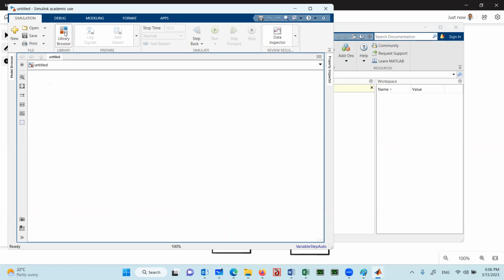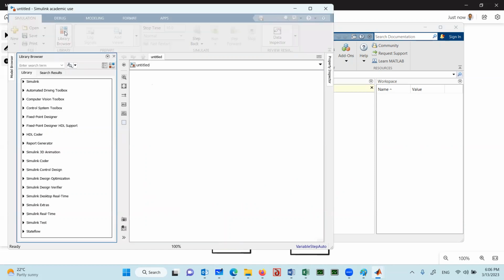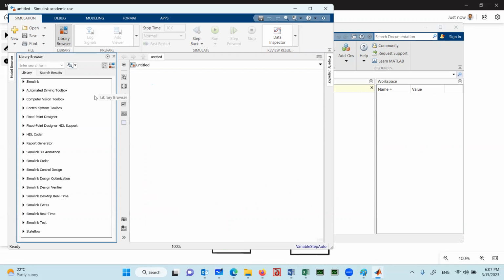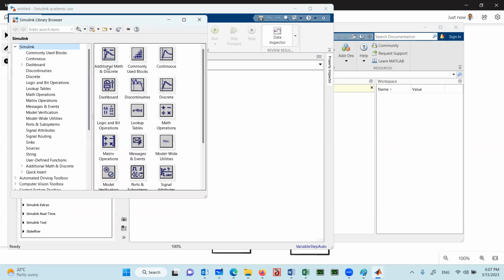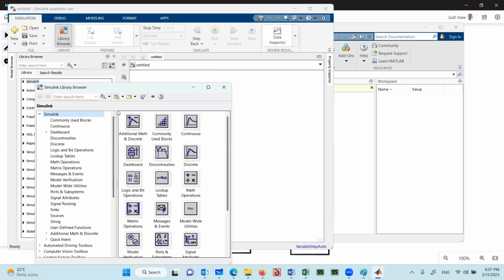Usually we start here with the library. Okay, under the library, we come to the Simulink library browser. We need commonly used blocks.